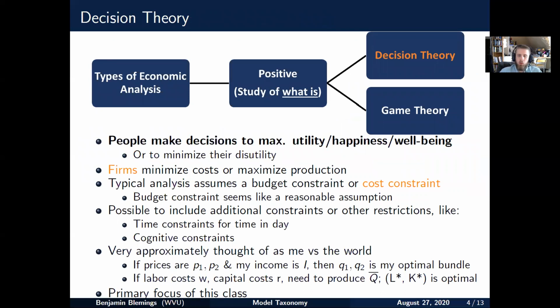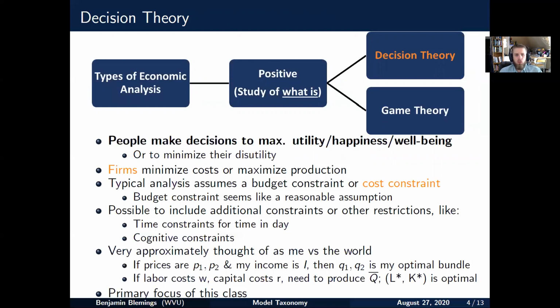The first one we work on is decision theory, and this is mostly unit 2. People make decisions to maximize their utility, or happiness and well-being, or to minimize how bad off they are, that is, to minimize their disutility. Firms minimize their costs or maximize production.